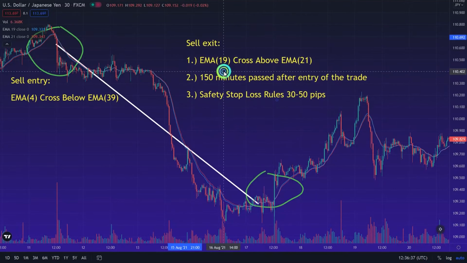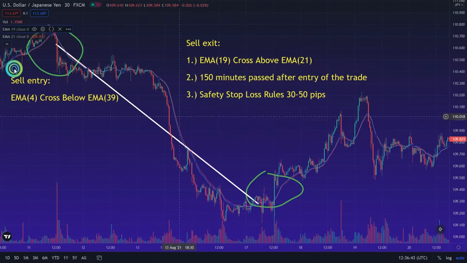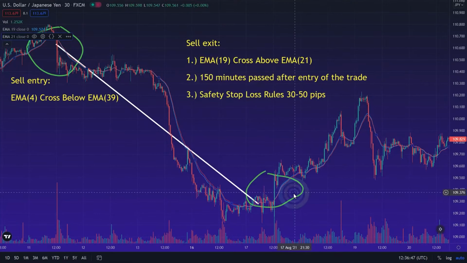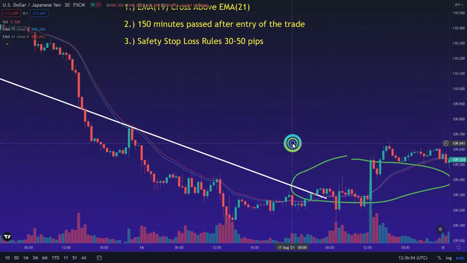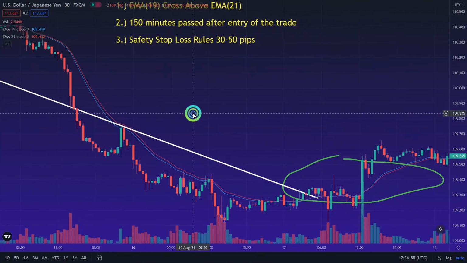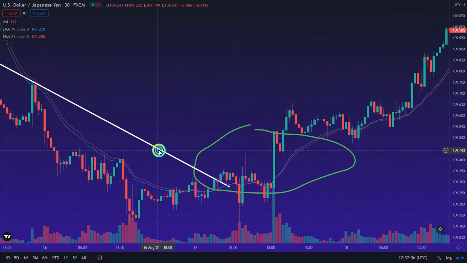So let's see. We have a 19 and a 21 period EMA. Okay, so it is not the easiest to catch, but I will show it to you when it crossed, and it is pretty interesting because, of course, at the beginning we haven't closed the trade because of this parameter, and after that it just haven't crossed.